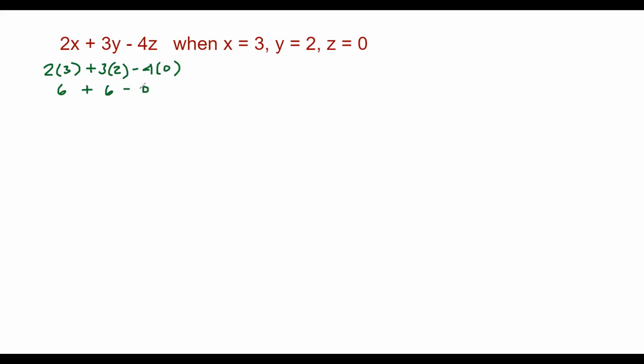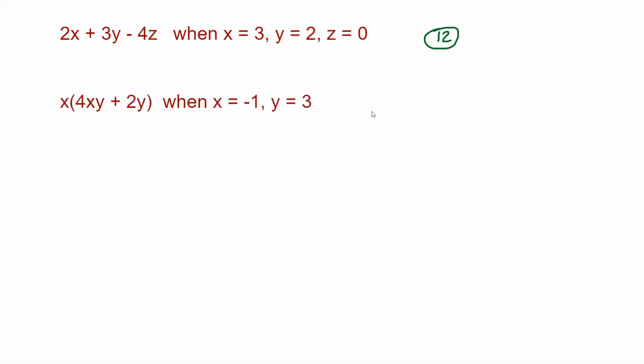So we could say we're subtracting 0 or just leave that off. And we're left with 6 plus 6. So the answer to this question would be 12. And this might be an example of a problem where you would be asked to do this without a calculator because the math is pretty straightforward. Let's take a look at another question.